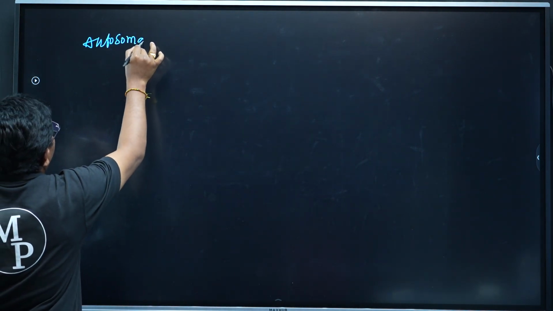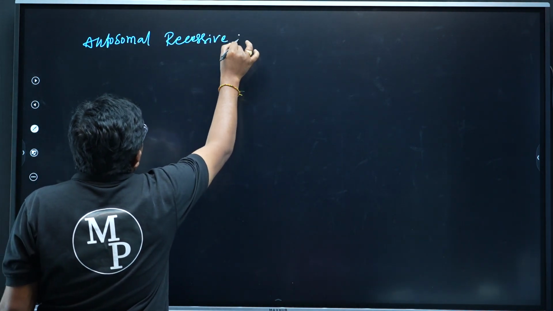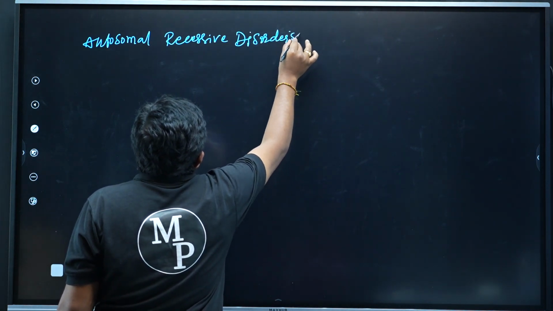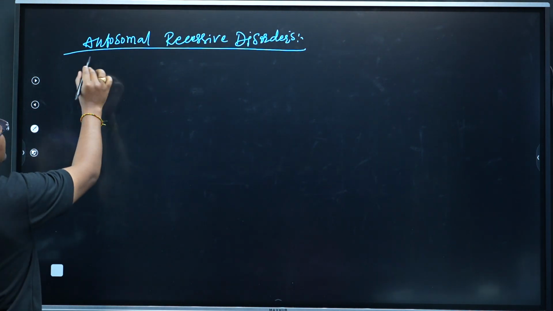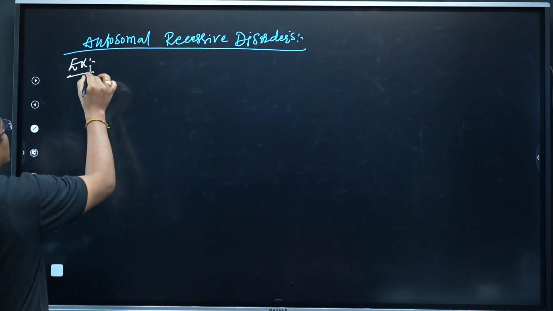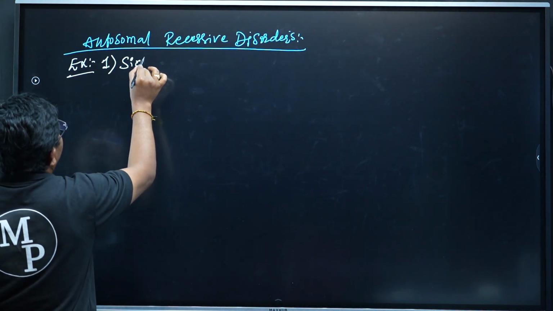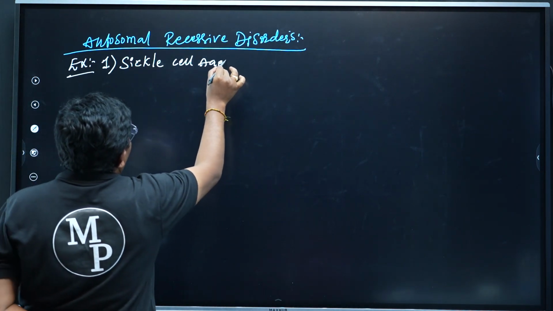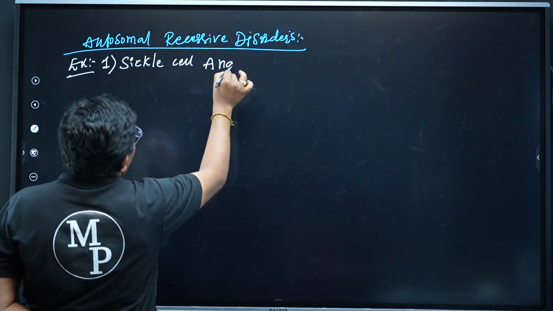Autosomal recessive disorders. In the autosomal recessive disorder, some examples are there. First, sickle cell anemia, it is one disease.